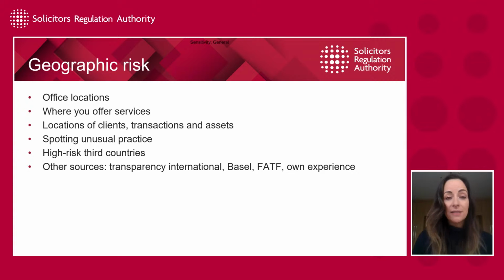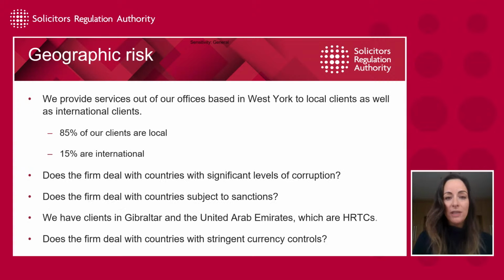So looking then at some examples of text we have come across during our reviews under geographic risk. So we want to see, like I said, in this section, where your clients are based or have connections to. So looking at the first line in the slide there, we can see that this firm's clients are mostly local, but that 15% are international.